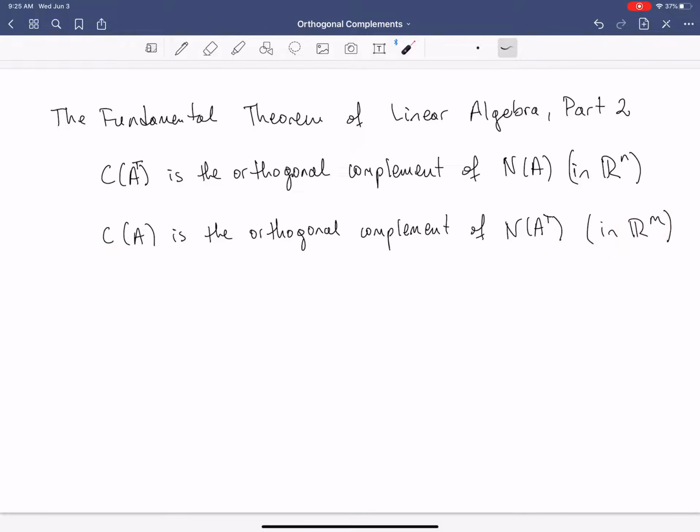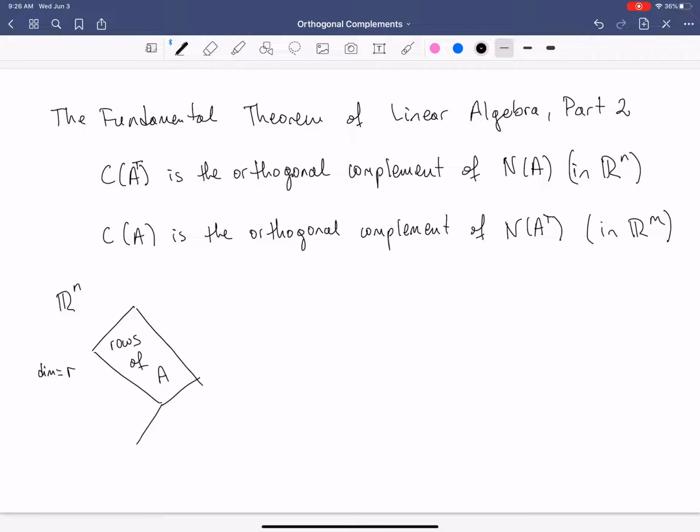Why would you ever want to do that? Well, the reason is that A acts as a map between these spaces. So let's repeat the picture that we have. Here we have the rows of A. And we know that the dimension here is the rank R. All this picture is happening in Rn.